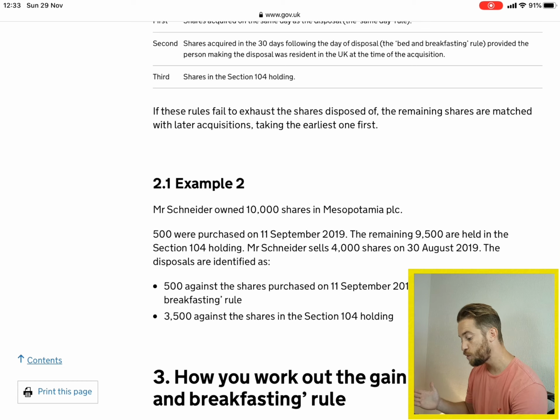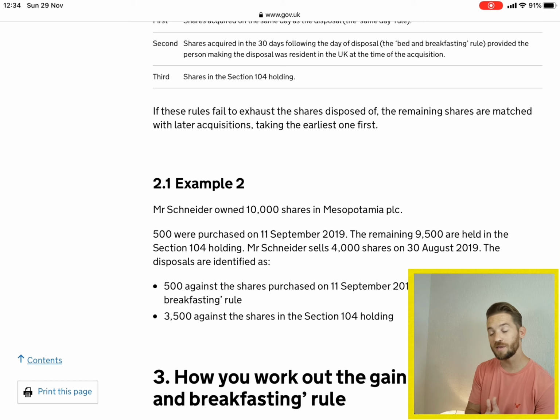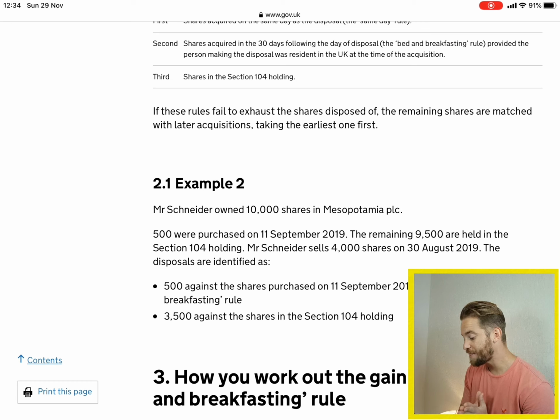The disposals are identified as 500 against the shares purchased on 11th of September 2019. Because he purchased those within 30 days, you're going to take the cost price from those 500. And then the remaining 3,500 can be a weighted average from your pool that you have, your section 104 holding.